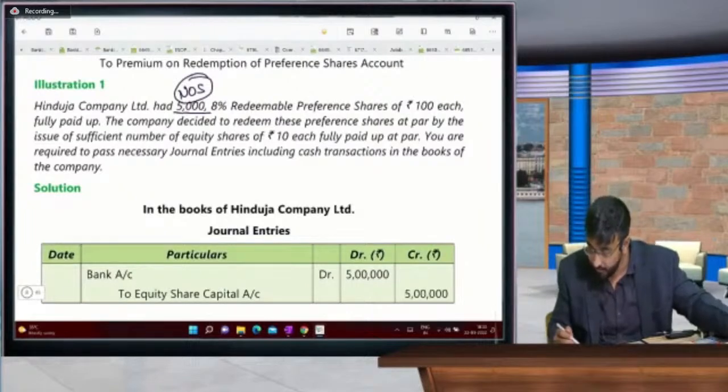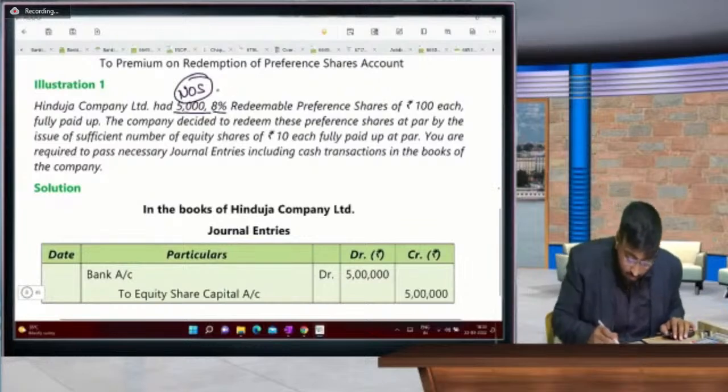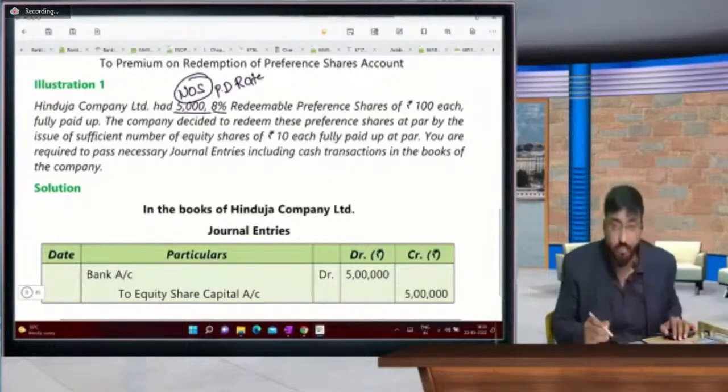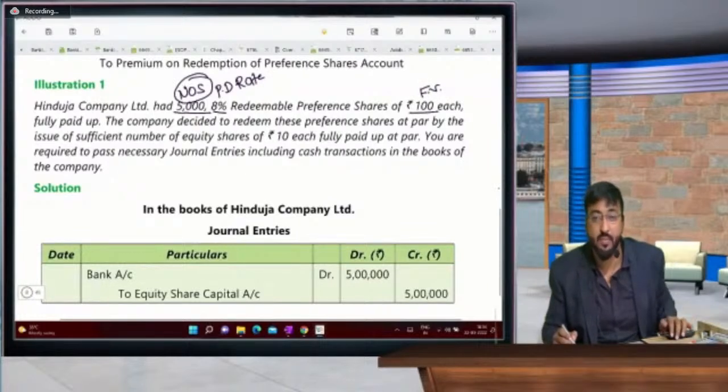Second one, 8% preference dividend rate. $100 is the face value.